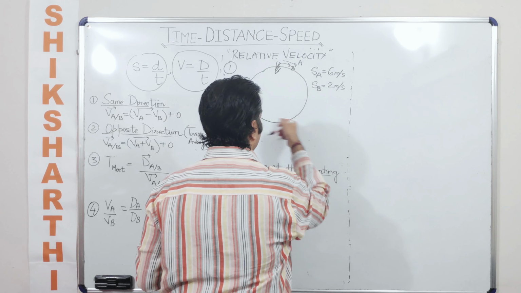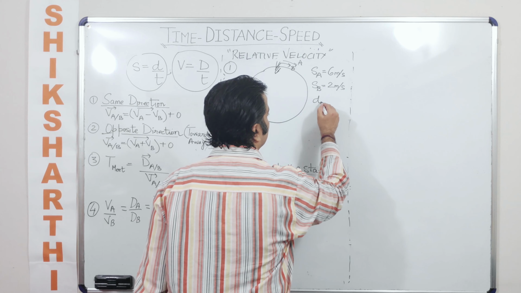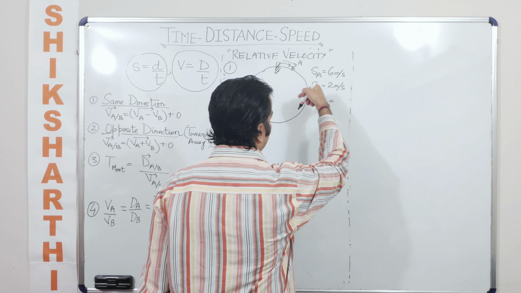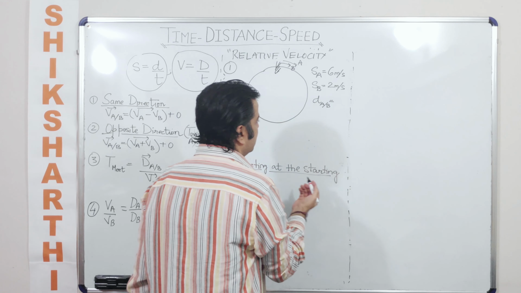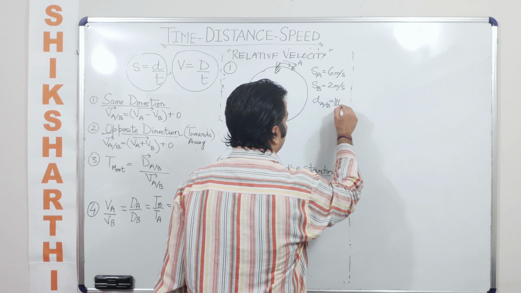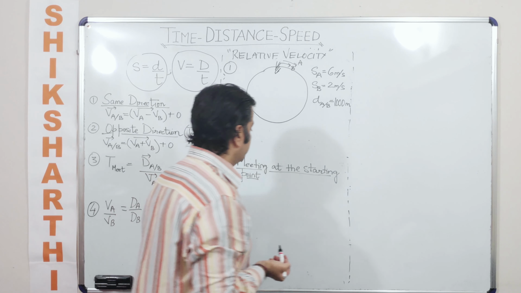And let's say the length of the track, which I can take as either distance or displacement, the relative length or the absolute length, does not make much of a difference here, because they are running on the same track. So let's say this is given to you as 1000 meters. This is the piece of information that is given to you.